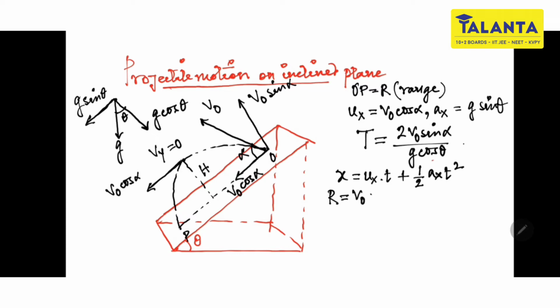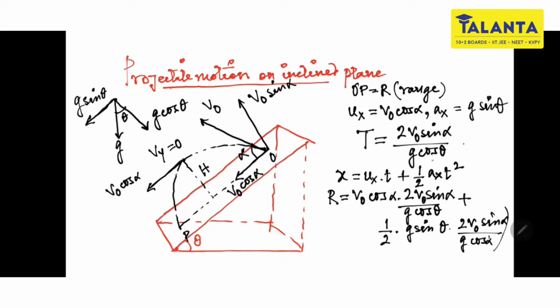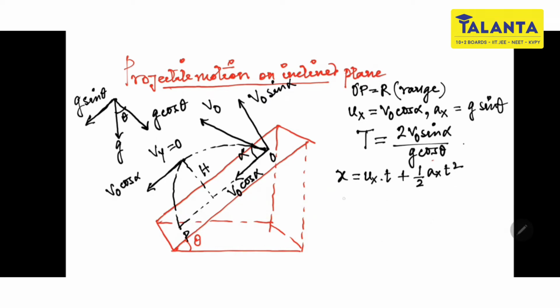R equals to v0 cos alpha into 2v0 sin alpha by g cos theta plus half into g sin theta into 2v0 sin alpha by g cos theta, that whole square.